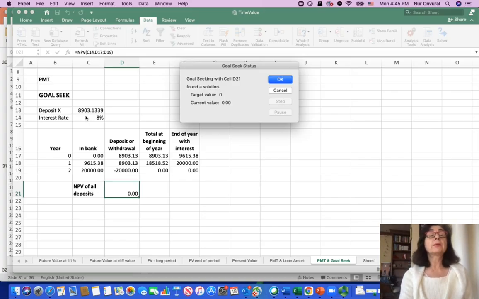So that means if this bank is paying 8%, then Mario has to put $8,903.14 in the bank so that he can accumulate $20,000 with the interest plus the principal deposit amounts and then purchase that car.